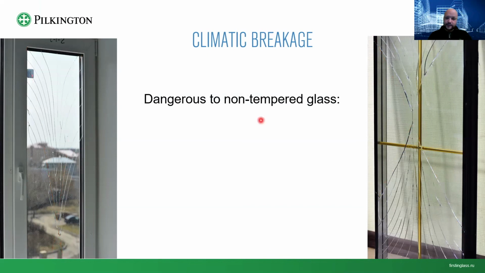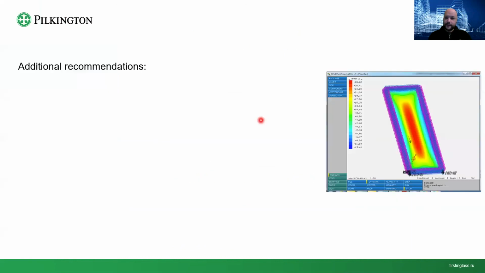That is because if we take a look at the stress calculation, the biggest bending you have is in the center of the glass, and the geometric center is of course the point where diagonals are crossing each other. So you have the biggest stress and biggest deflection in this very point, in the central zone.